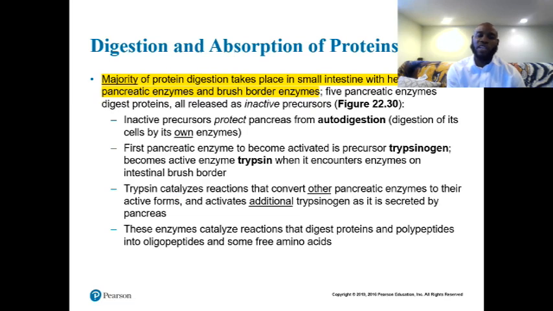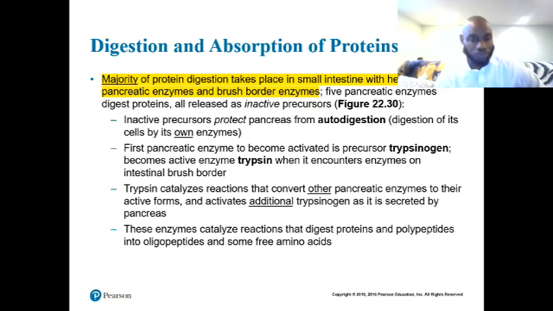All right. The first pancreatic enzyme to become activated is the precursor trypsinogen, which becomes trypsin when it encounters enzymes on the intestinal brush border. It catalyzes reactions that convert other pancreatic enzymes to their active forms. These enzymes catalyze reactions that digest proteins and polypeptides.